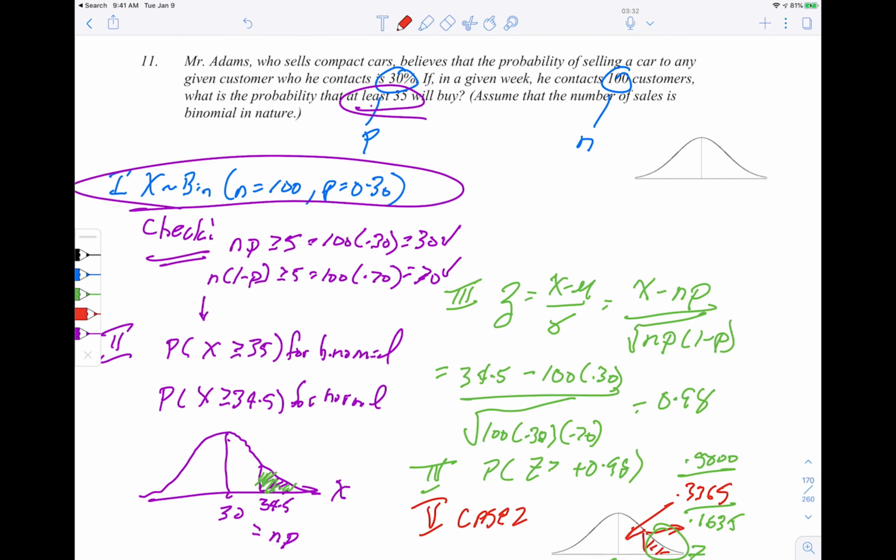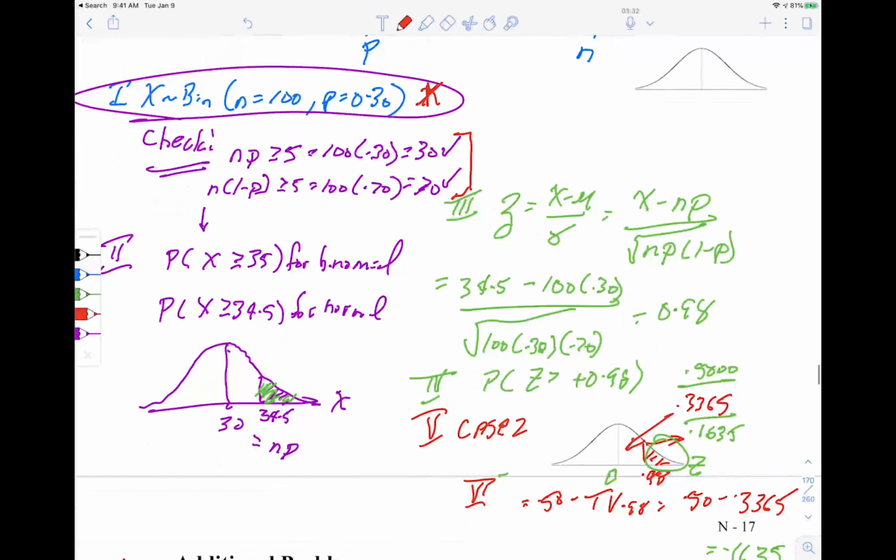will buy? So what we did was we went through here and we said, okay, this is what we're given. The parameters, N is equal to 100, P is equal to 0.3. We need to do this check, right? Is N times P at least 5? Is N times 1 minus P at least 5? Check, check.